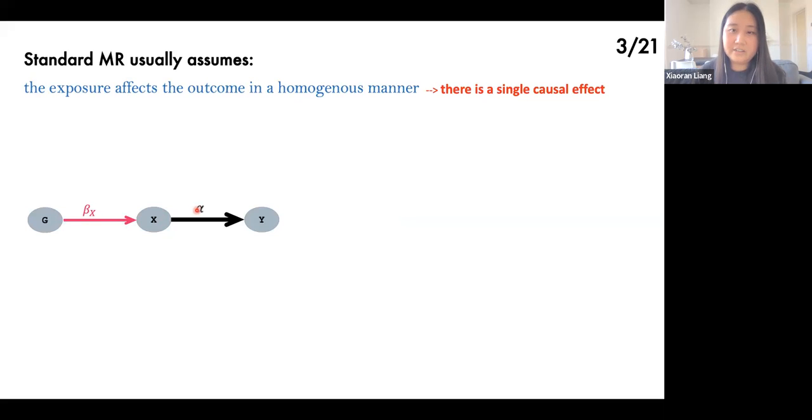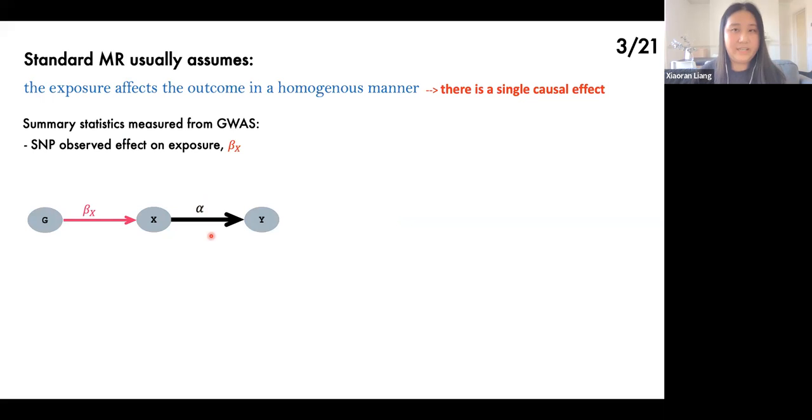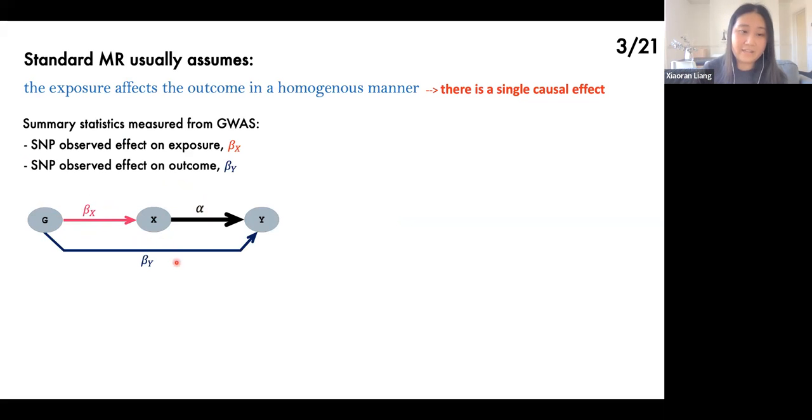This is to say, there is a single causal effect alpha from X to Y. We can estimate the causal effect alpha using the summary data measured from GWAS studies, including the observed effects of the SNPs on exposure denoted by beta X, and the observed effects of the SNPs on the outcome denoted by beta Y. Under the assumption that there's a single effect from X to Y, then for all the SNPs summarized in G, approximately we would have this relationship: beta Y equals alpha times beta X.